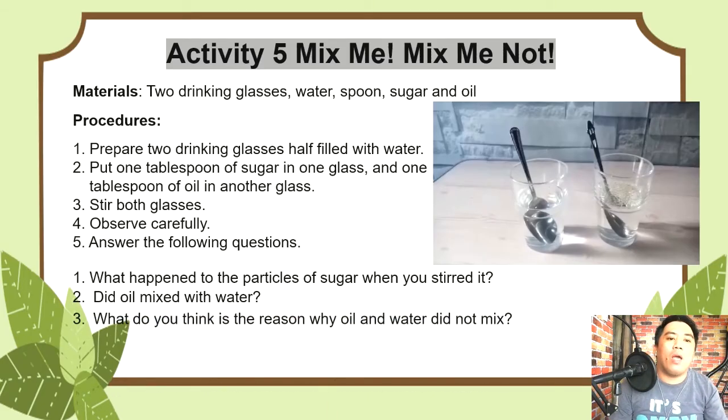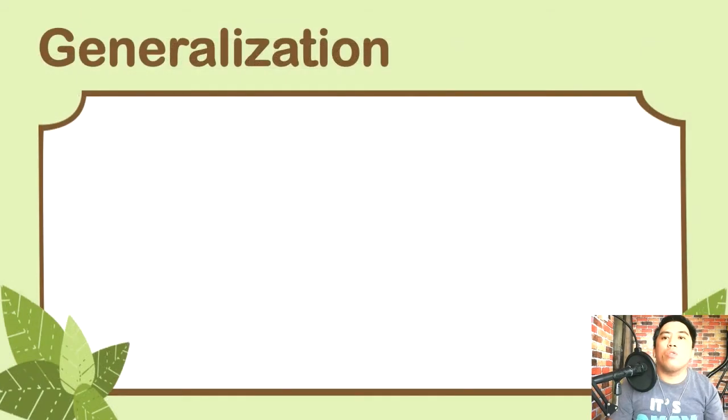Yan. Okay, what do you think is the reason why oil and water did not mix? So bakit kaya hindi nagmix ang oil at saka water? Ano kaya yung reason? So malalaman natin yun mamaya sa ating discussion. Kaya tandaan ha, magdi-discuss pa tayo bago nyo masagutan yung number 3. So what do you think are the factors that affect solubility of solute in a solvent?